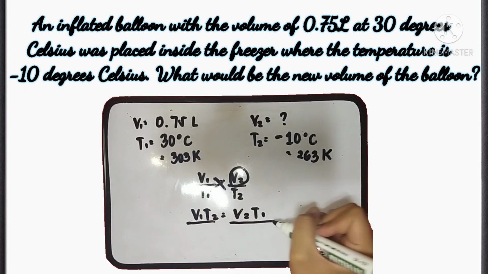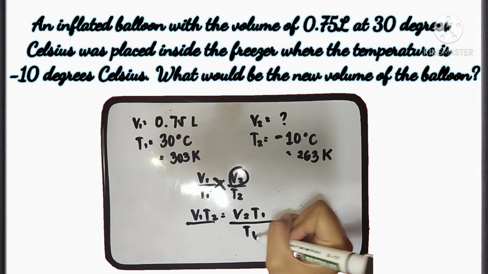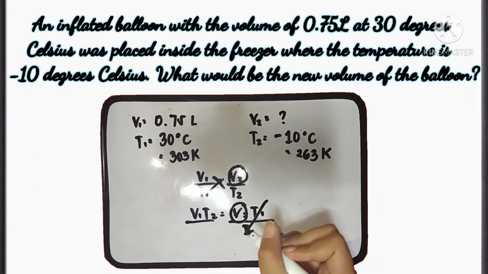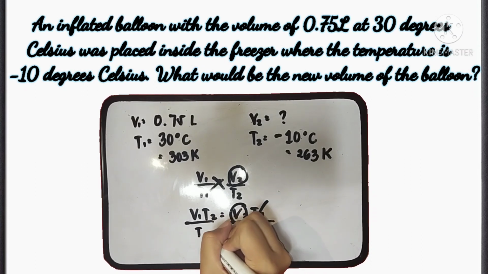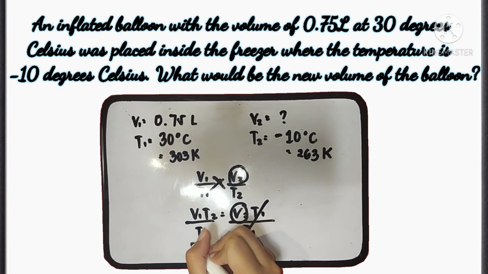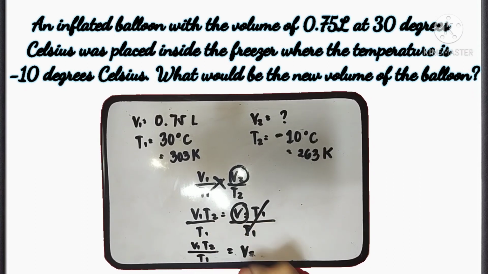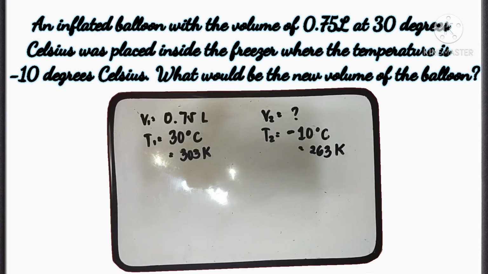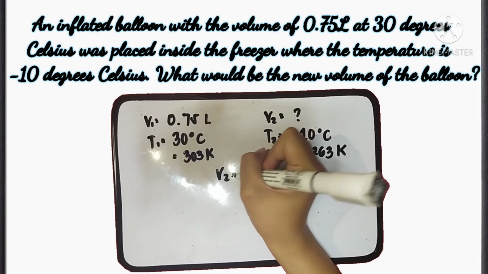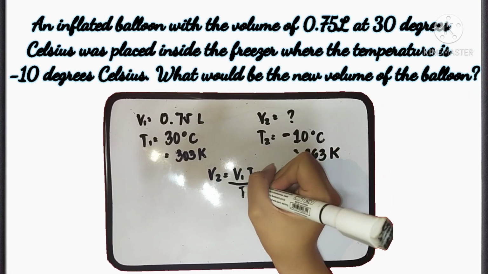So we have V1 times T2 is equal to V2 times T1. Then divide both sides by T1 since we are looking for V2. So this will be cancelled. And V2 now is equal to V1 times T2 over T1. Again, our derived formula is V2 is equal to V1 times T2 over T1.